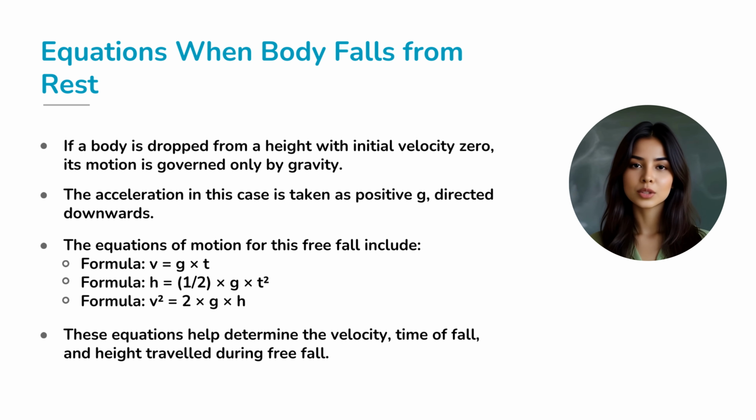Second, h equals 1 by 2 multiplied by g multiplied by t squared, which gives the height or distance fallen in time t. And third, v squared equals 2 multiplied by g multiplied by h, which gives the final velocity just before hitting the ground. These equations help us calculate how fast the object falls, how far it travels, and how long it takes.